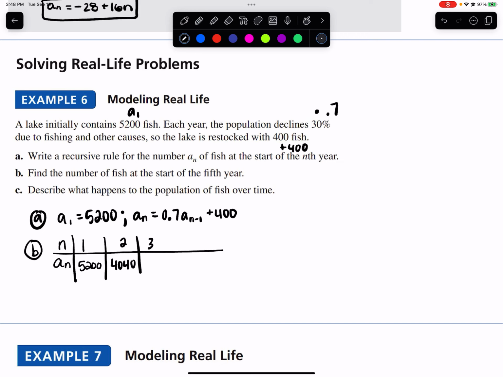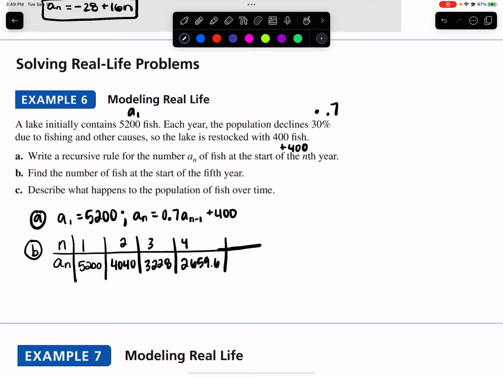Okay, at the 3rd year, I'm doing 0.7 times 4,040 and adding 400 to it. So that's 3,228. For the 4th year, I'm doing 0.7 times 3,228, and I'm adding 400 to it, so 2,659.6.